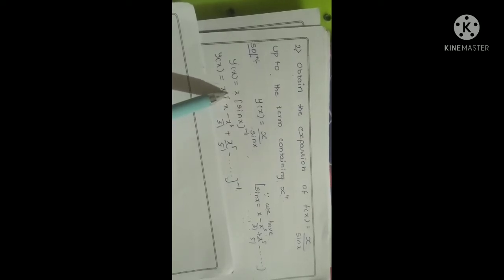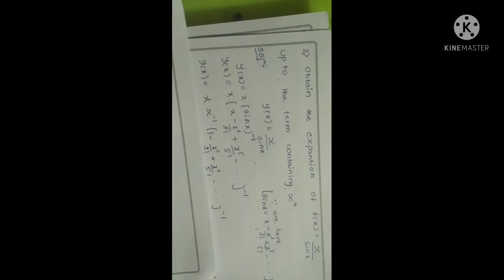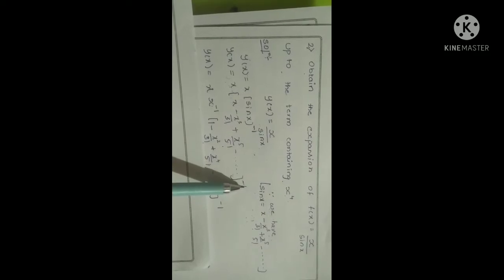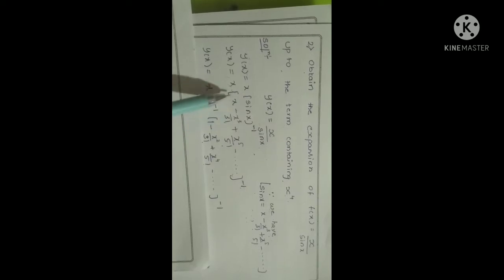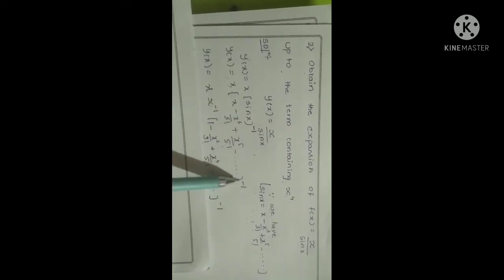Now observe the term inside the bracket: when you take x outside from this bracket, the inverse power stays for the whole bracket, so you get x into x inverse.